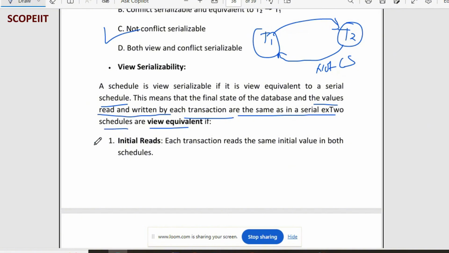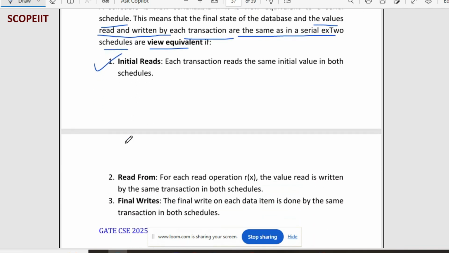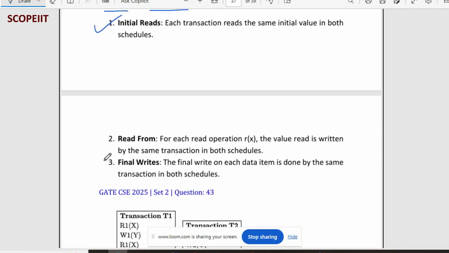First is initial read. That means the first read operation should be performed by the same transaction. Then the second point is read from.